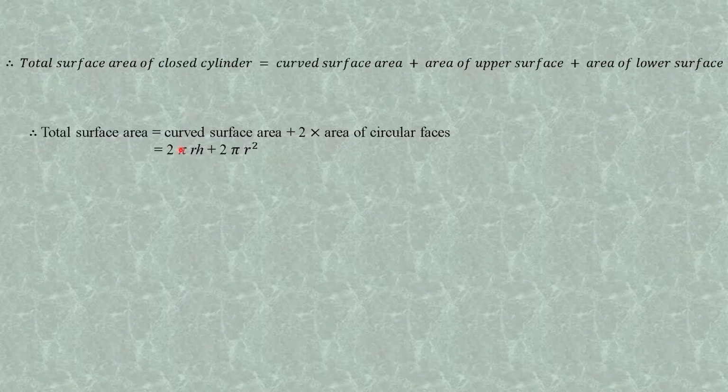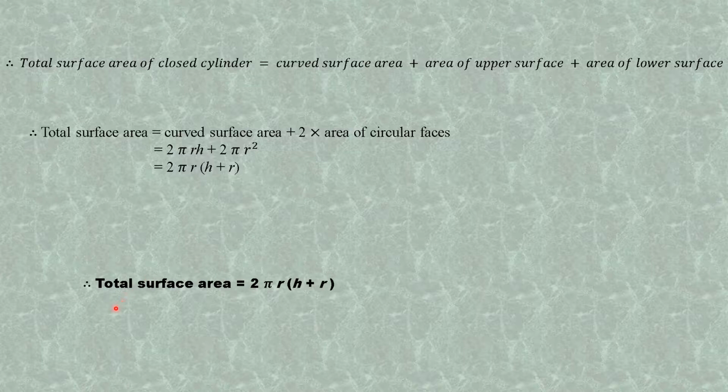So curved surface area formula we know, that is 2 pi rh, plus 2, we are keeping it as it is, and area of the circle we know is pi r square. Now from this expression, if you take 2 pi r common inside the bracket, you'll be left with h plus r. So the total surface area is 2 pi r into h plus r.